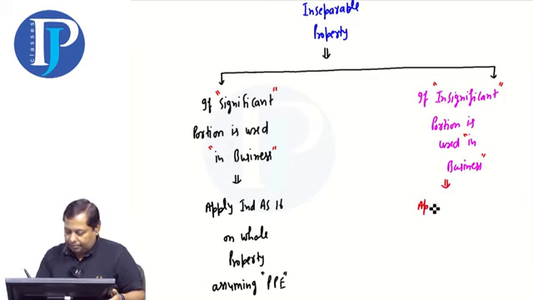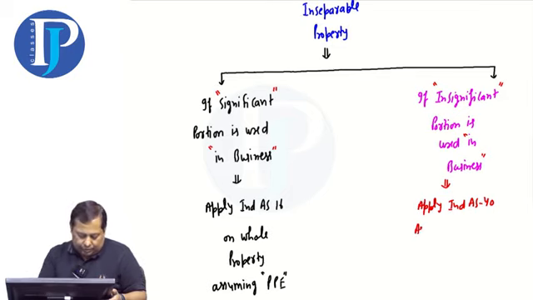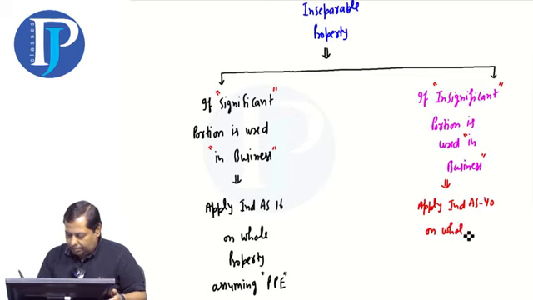Apply Ind AS 40, assuming, Ind AS 40 on whole property.